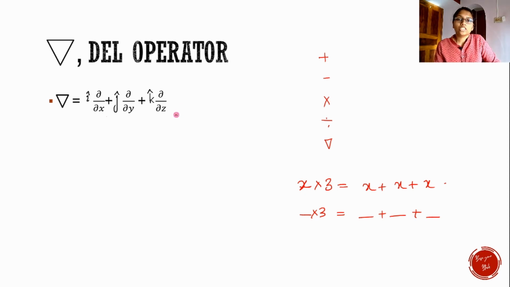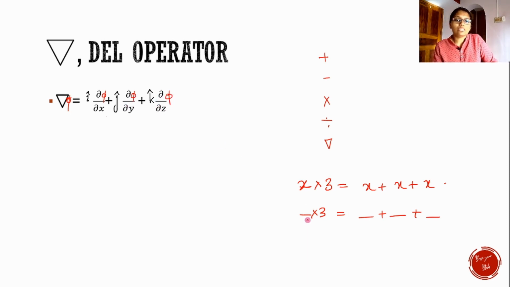I will explain shortly. Now, this operator is actually incomplete unless I multiply any function over here. If I put phi over here, then it becomes i dou by dou x of phi plus j dou by dou y of phi plus k dou by dou z of phi.